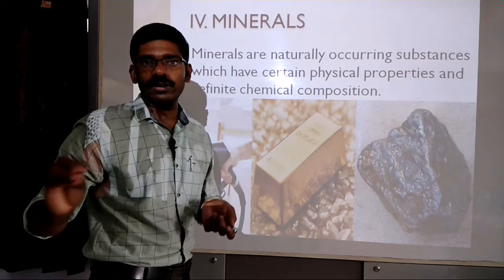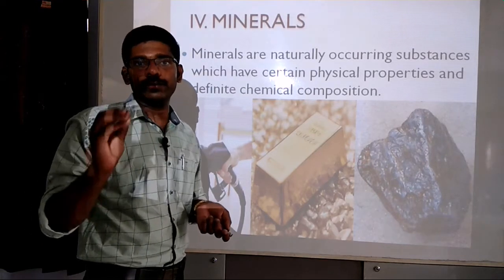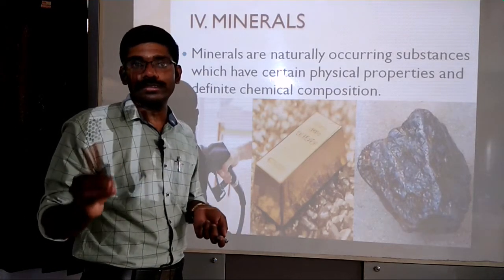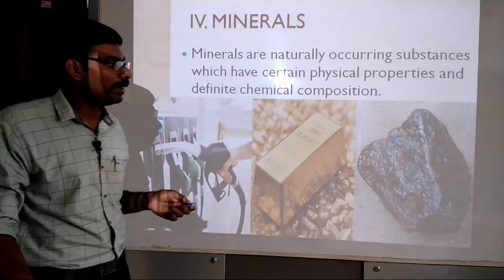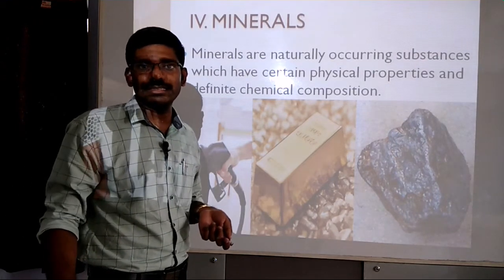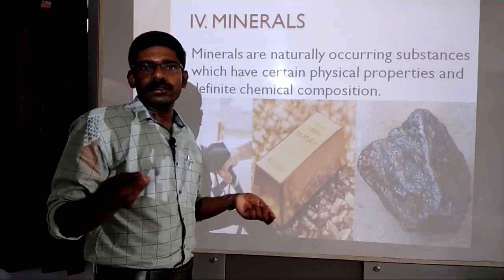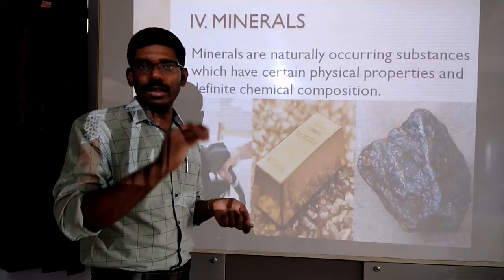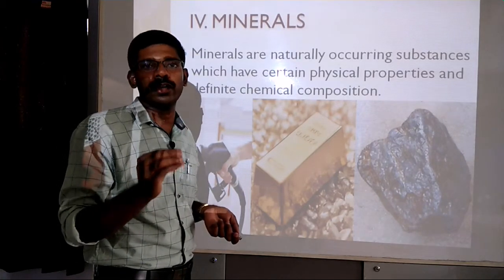In our daily life, we use different types of minerals, for example petroleum, gold or iron ore, as well as kerosene and salt. All such things occur naturally and have a definite chemical composition. All such things are called minerals.